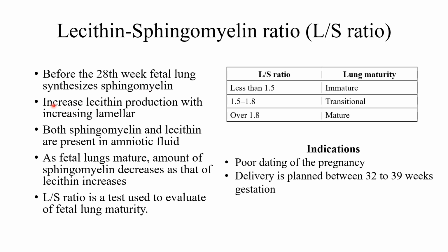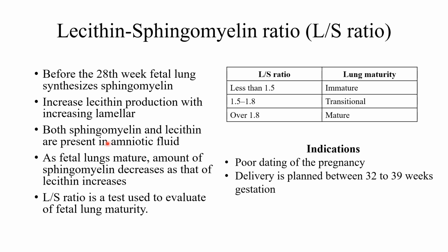we start seeing that the type 2 cells start synthesizing lecithin. As the child grows older, the amount of sphingomyelin reduces and the amount of lecithin increases as we form more lamellae. The interesting thing is that both sphingomyelin and lecithin are present in amniotic fluid.